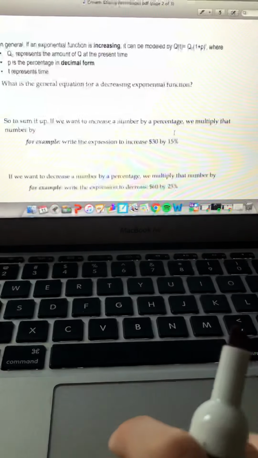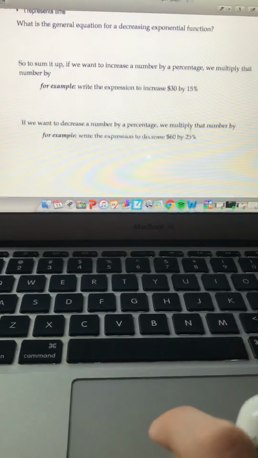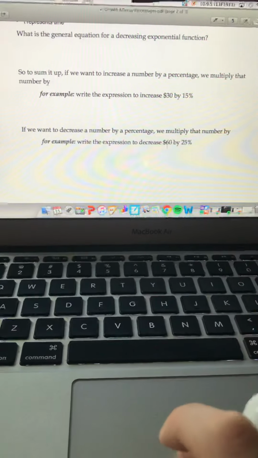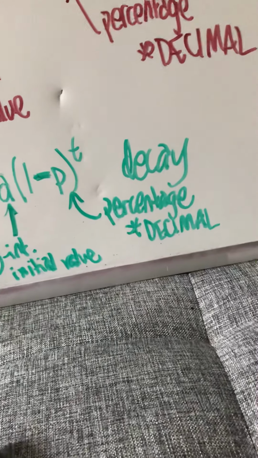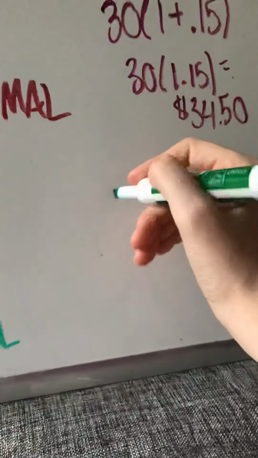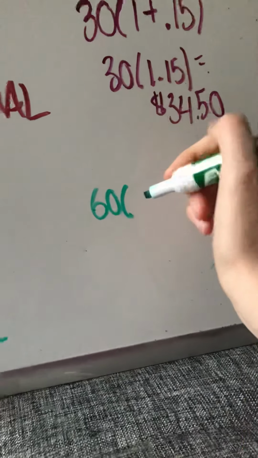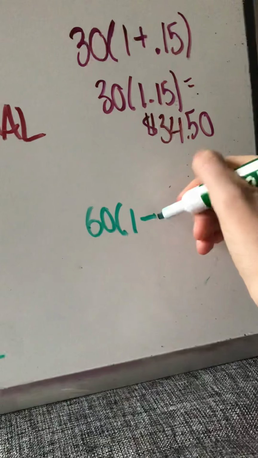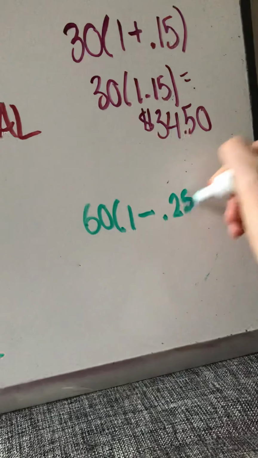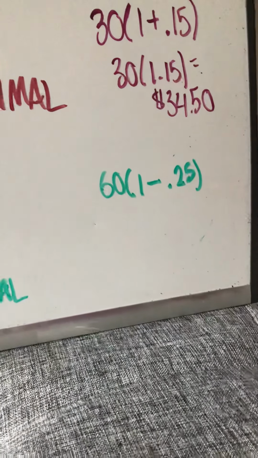If we want to decrease, well, I want to decrease $60 by 25%. I know I need to use this formula here. So I can go ahead and take my initial value, my $60. I'm decreasing, so I need to subtract it from 1. And I'm just going to make that 25% into a decimal.